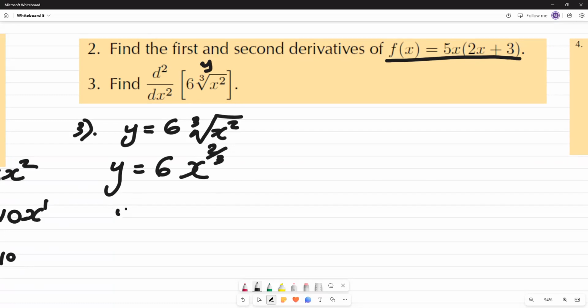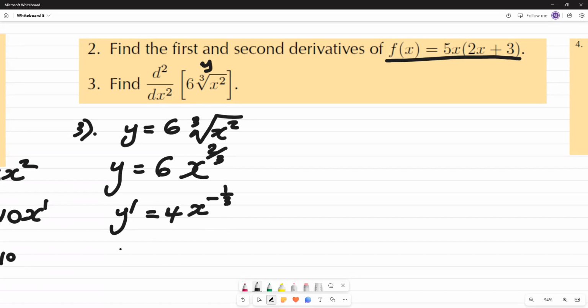Remember I said the inside goes to the top, the outside goes to the bottom. Then now we can start differentiating. First derivative, you're going to have 6 times that, which gives us, what is it? It's 4, I think, because this is going to divide, giving me 2. Yeah, it's 4. Then you have x, you minus 1 there, it gives you negative 1 over 3.